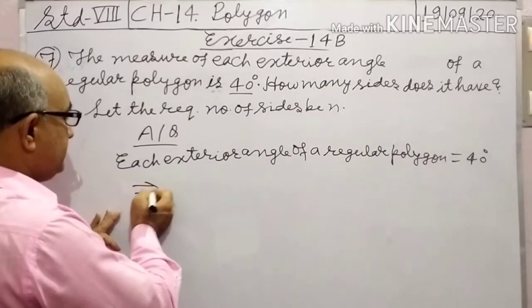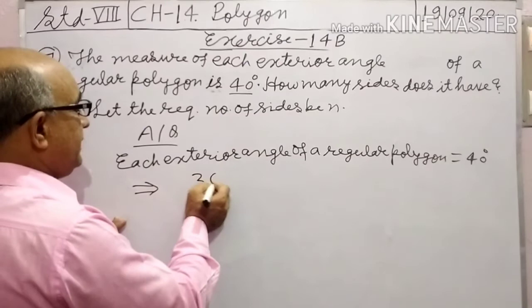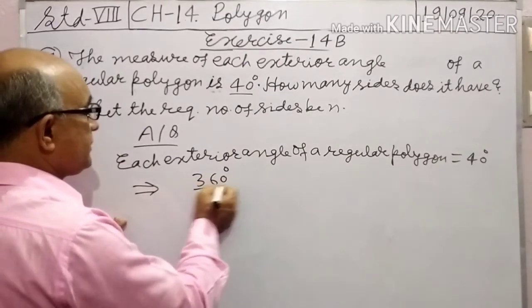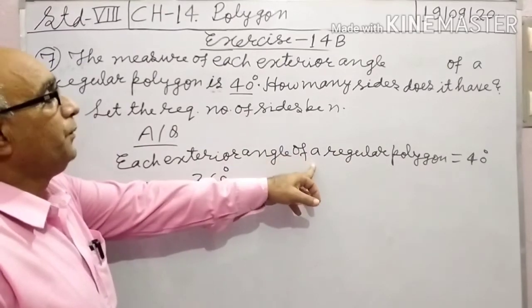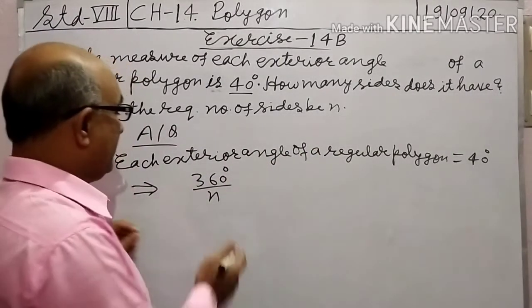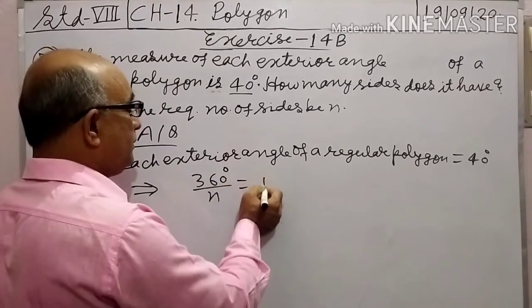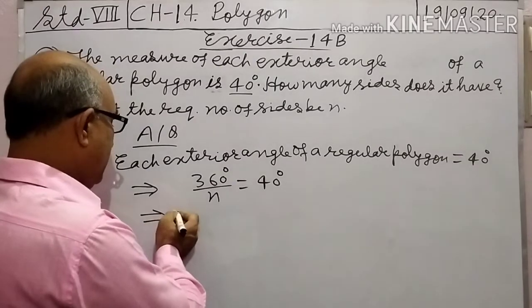That implies the formula: each exterior angle of an n-sided regular polygon equals 360 degree by n, equal to 40 degree.